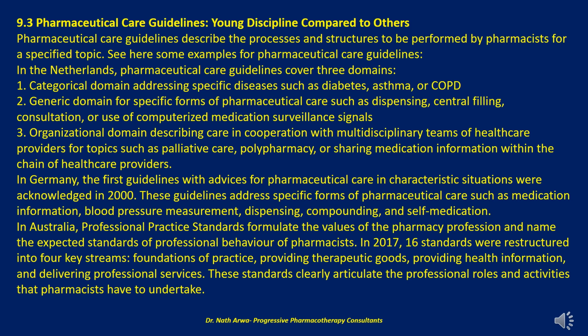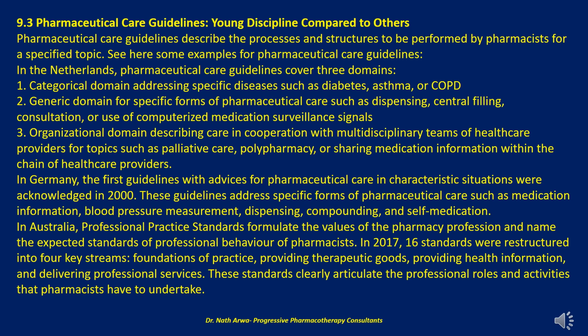In Germany, the first guidelines with advice for pharmaceutical care in characteristic situations were acknowledged in 2000. These guidelines address specific forms of pharmaceutical care such as medication information, blood pressure measurement, dispensing, compounding, and self-medication. In Australia, professional practice standards formulate the values of the pharmacy profession and name the expected standards of professional behaviour of pharmacists.